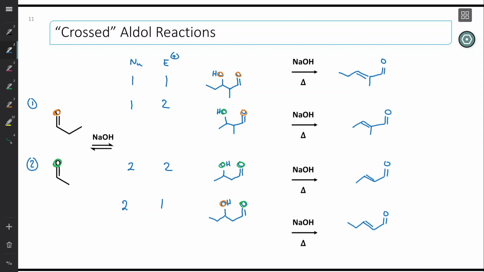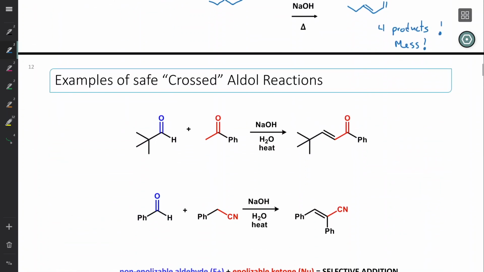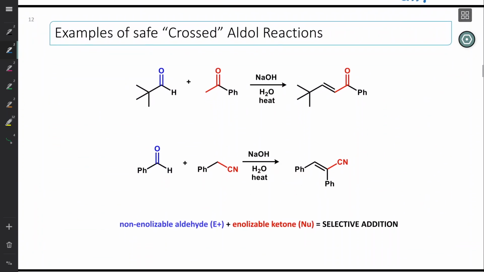Okay, so you have 4 products at the end, and these are not easy to separate, so this is an absolute mess. This is not a great way to do an aldol reaction. So what would you do instead? There are a few safe crossed aldol reactions.